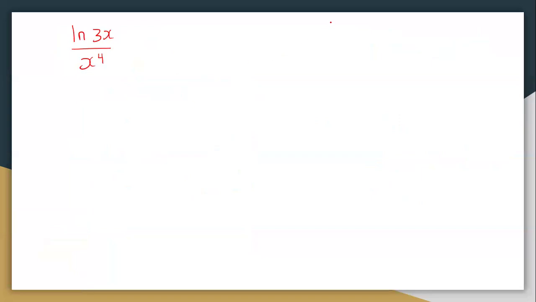You remember that from our quotient rule, d/dx of u over v is v du/dx minus u dv/dx, all divided by v squared.